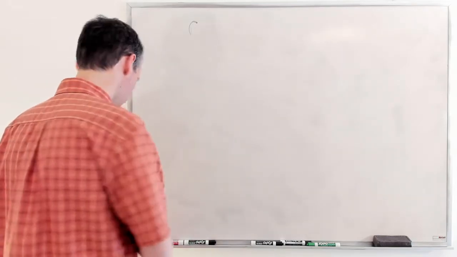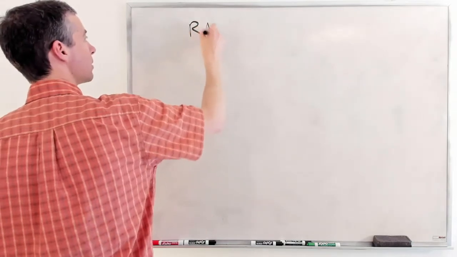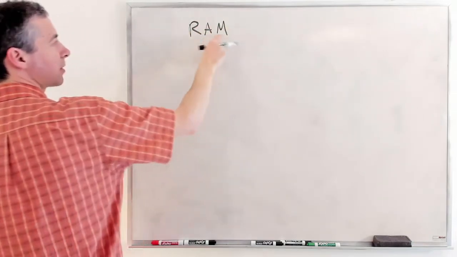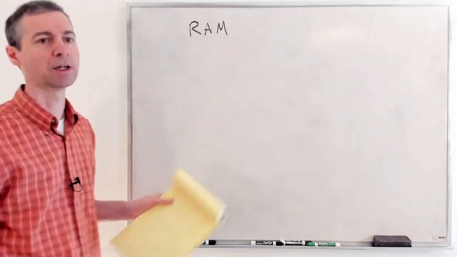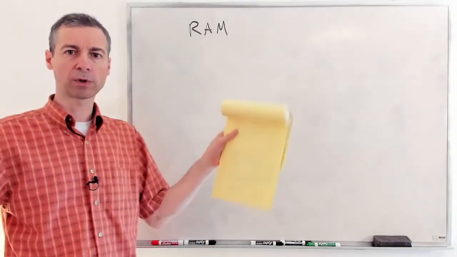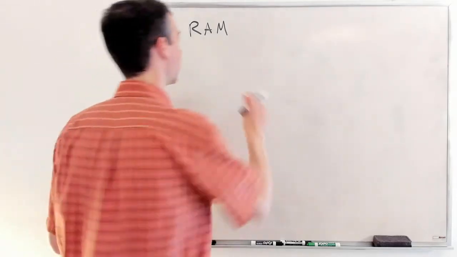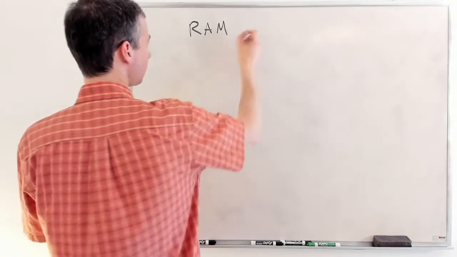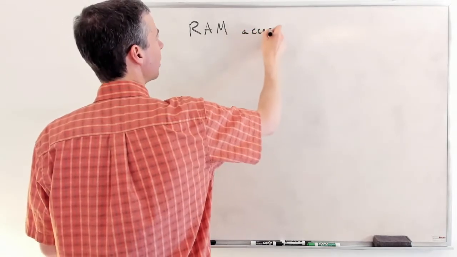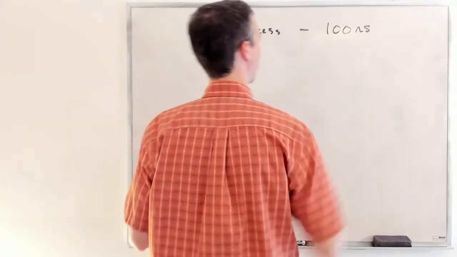If we want to access a part of our random access memory, this is the memory inside your computer, the RAM. When you go buy your laptop and it tells you you've got 4 gigabytes, 8 gigabytes, this is the RAM. And this is where our programs and data are stored. If you want to do RAM access, it's on the order of 100 nanoseconds.